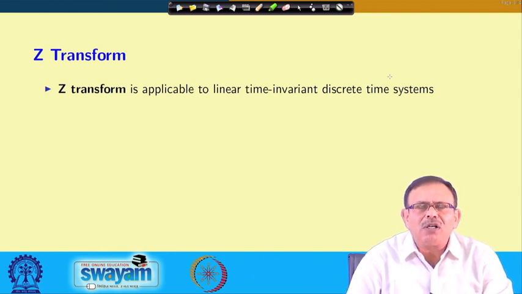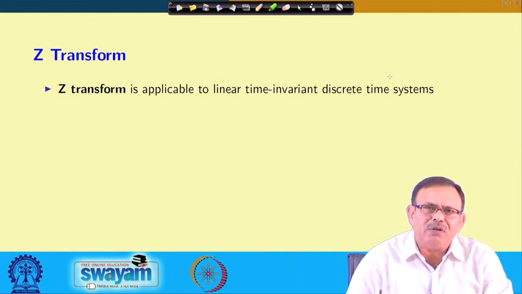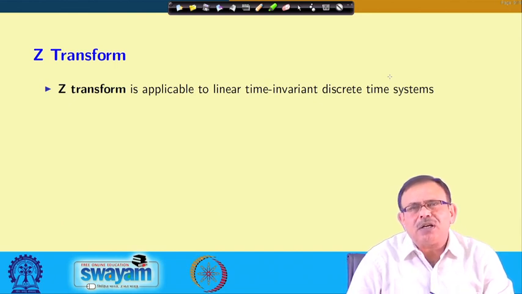In all earlier cases we have considered only continuous values, but a parameter or a variable can take only discrete values. Therefore, the Z transform can be used whenever the parameter can take only discrete values. Then we use the Z transform, and this is for linear time invariant systems.